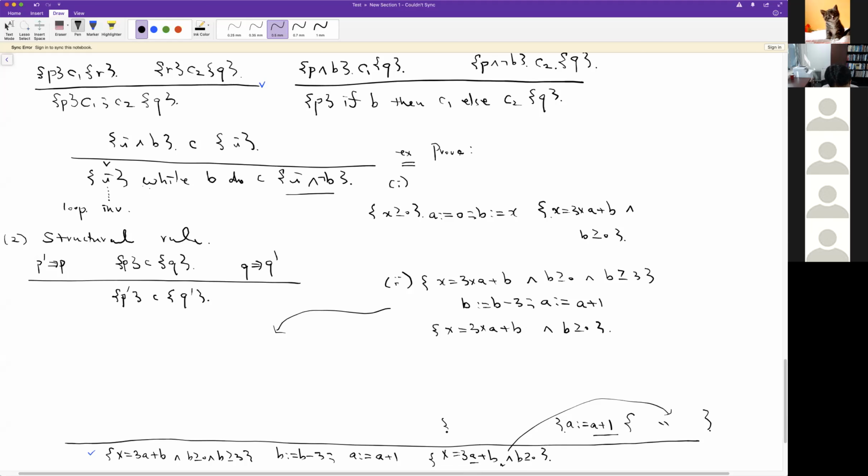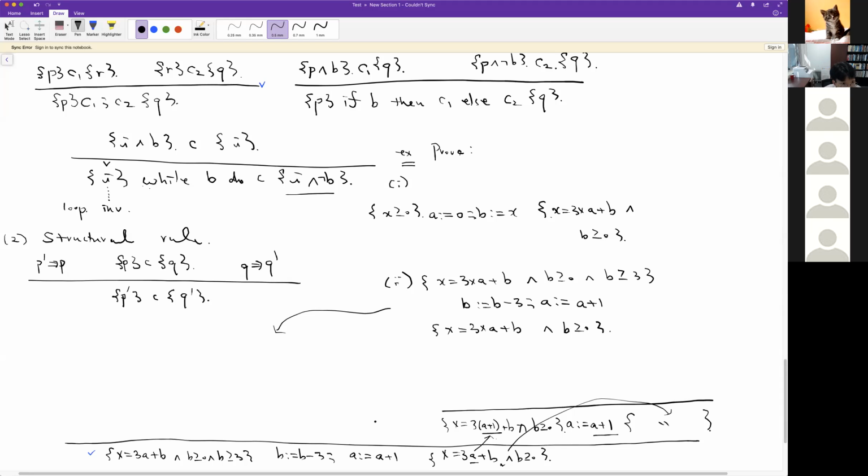If you do so, we get x = 3(a + 1) + b and b greater than or equal to 0. And that's it, because this is a rule which doesn't require any premise at all, so we have a proof of this. Here, what happened is that a is replaced by a plus 1.